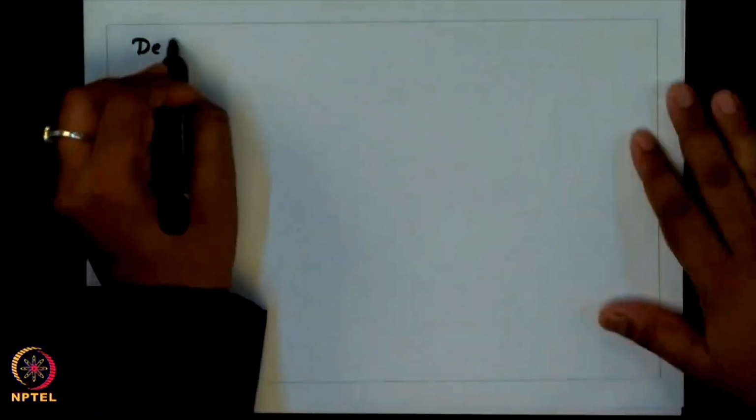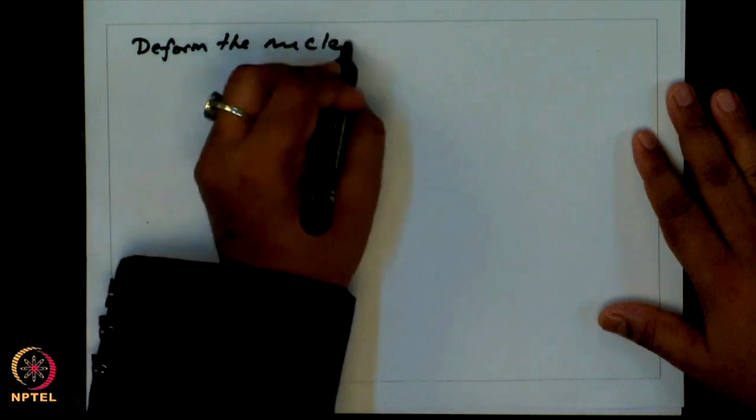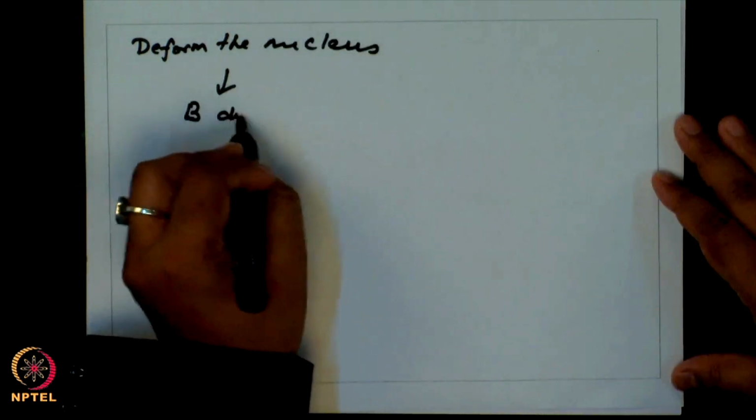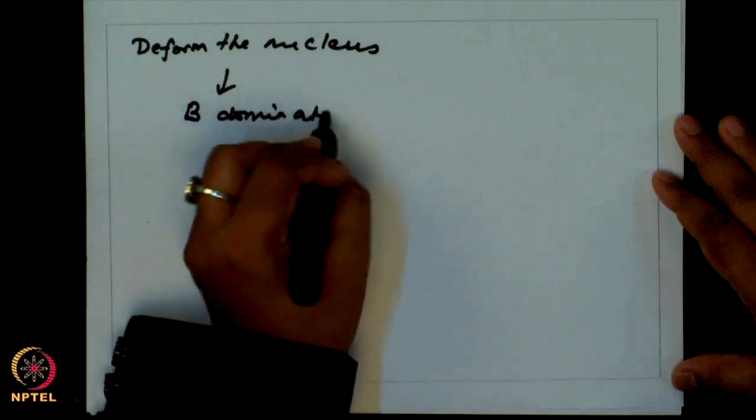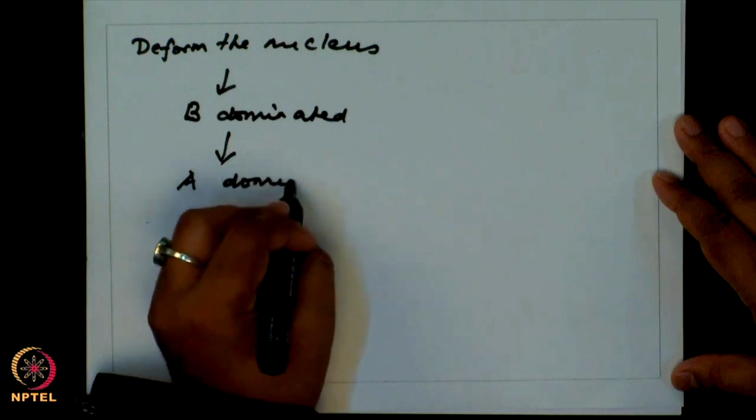Whenever you deform the nucleus, you have a short term response which is lamin B dominated and a long term response which is lamin A dominated.